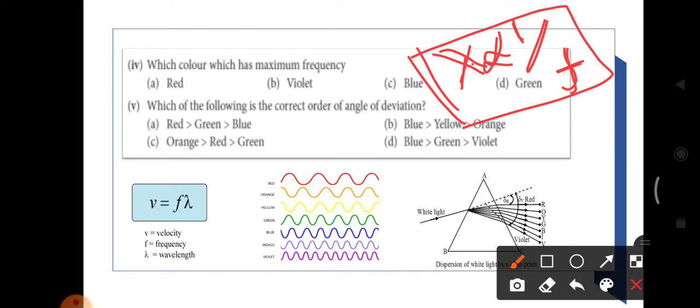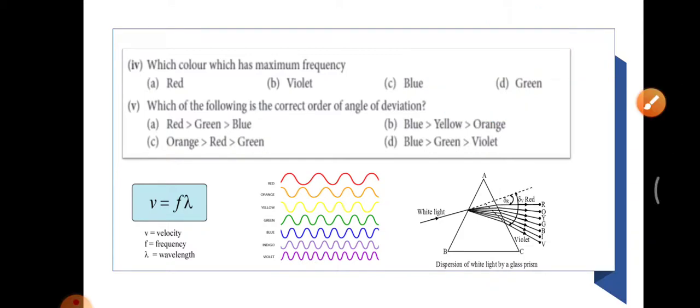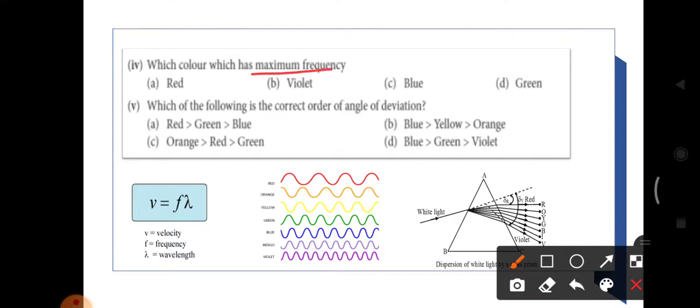That means if the wavelength is more, the frequency is minimum. If the wavelength is minimum, the frequency is more. So here they asked the maximum frequency. Which light has the minimum wavelength? Red, violet, blue, green. The violet has the minimum wavelength, so it has a maximum frequency.